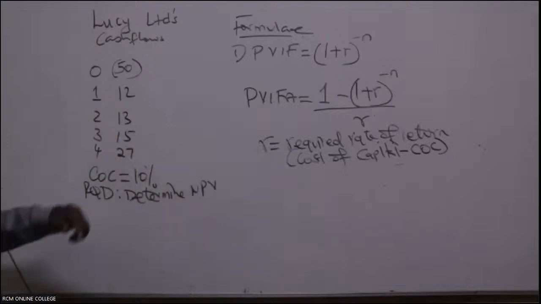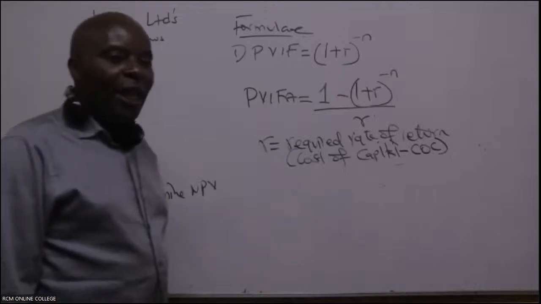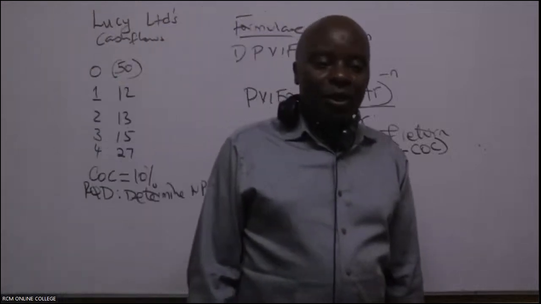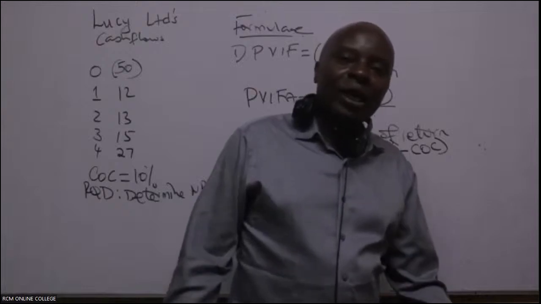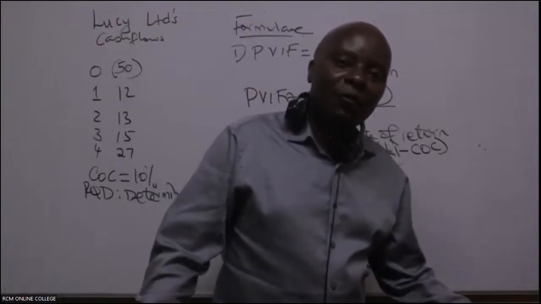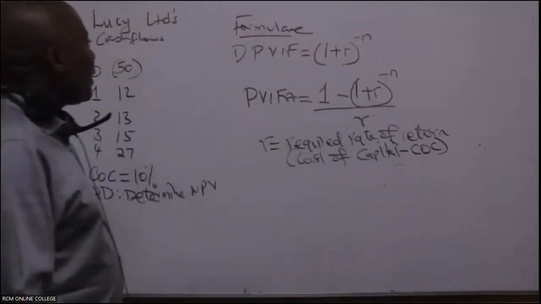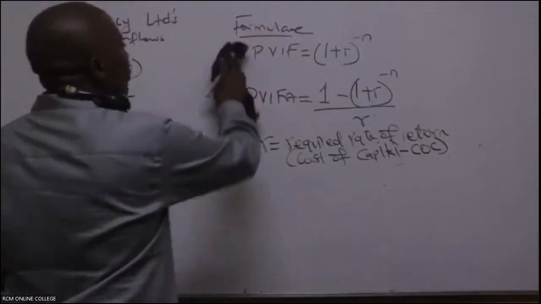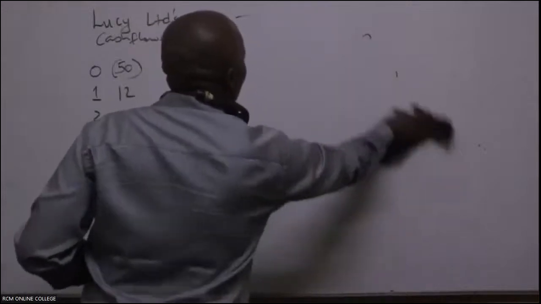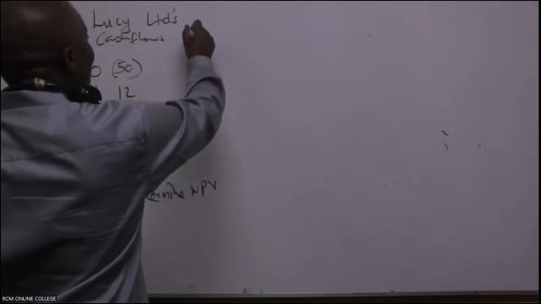Now, let me ask you, great students, a question. The cash flows that you are seeing here are which type of cash flows? Are they regular or irregular? Irregular, yes, because they are fluctuating. And since they are irregular, for purposes of discounting, we shall use PVIF.